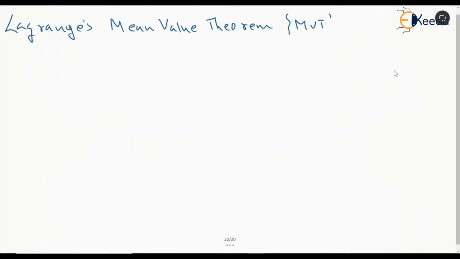Next is Lagrange's mean value theorem. In some cases you may find mean value theorem written as MVT. So in this case, let's say again there is a function.